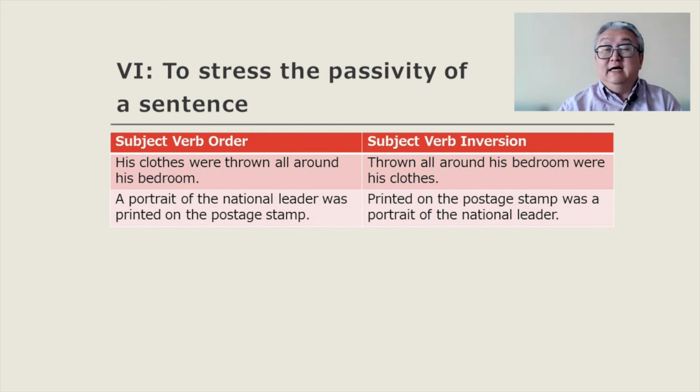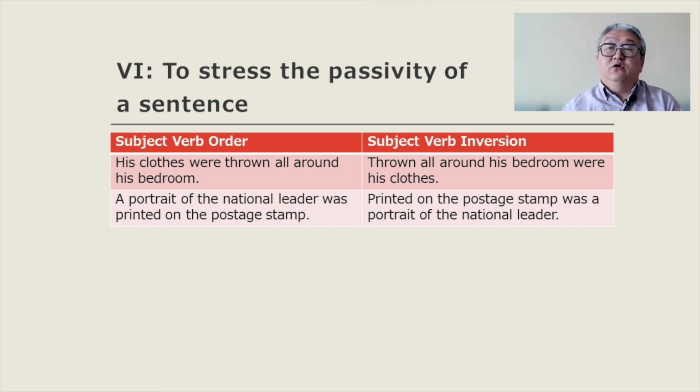Finally, the last case, the sixth case, is to stress the passivity of a sentence. What does that mean? Look at the example. His clothes were thrown all around his bedroom. This is subject-verb order. And then if you invert it, you could start with the past participle part.